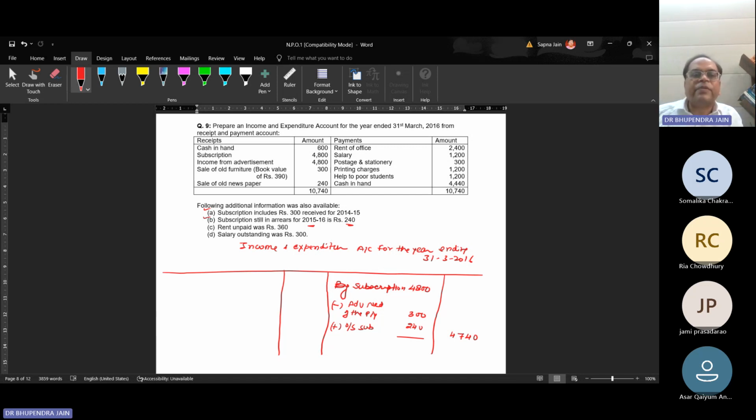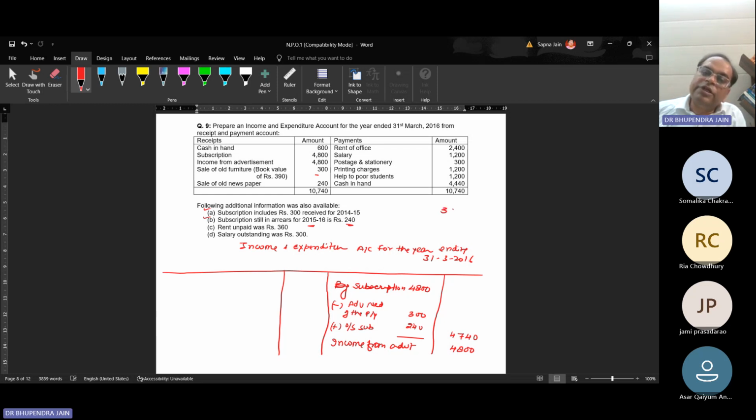Let's look ahead. Income from advertisement is revenue nature income. Income from advertisement 4800. Now sale of old furniture is rupees 300 and book value is rupees 390.